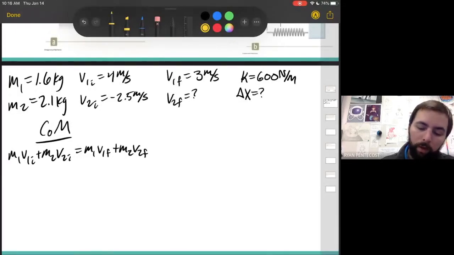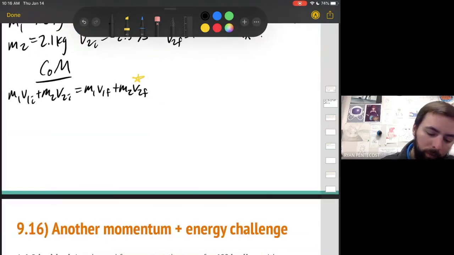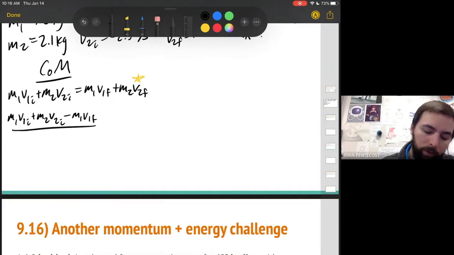The only unknown is the one we're solving for, so all you do is some algebra. You've got M1 V1 initial plus M2 V2 initial minus M1 V1 final, all divided by M2. That'll give you V2 final.